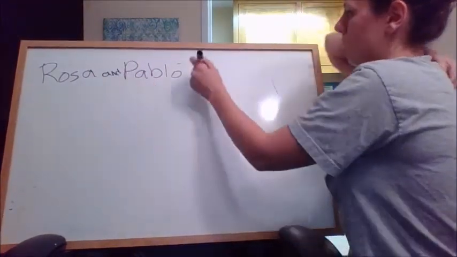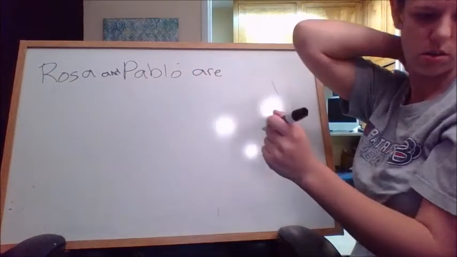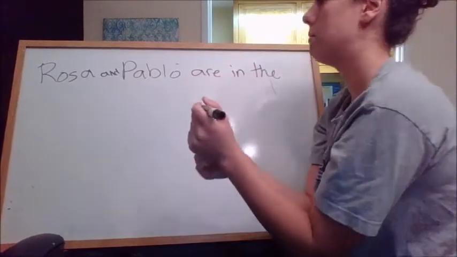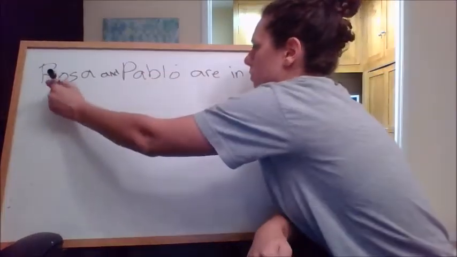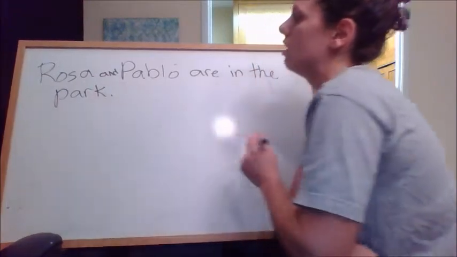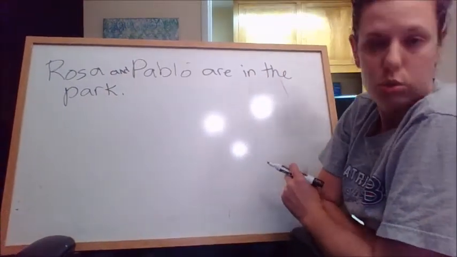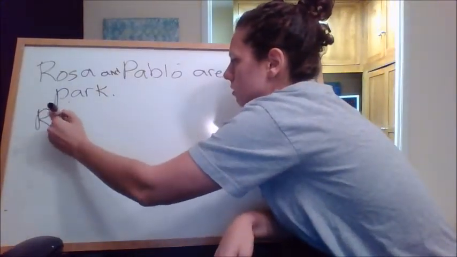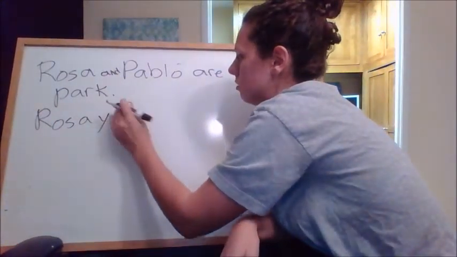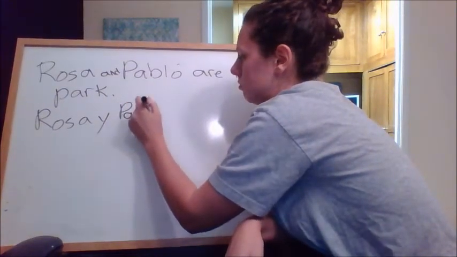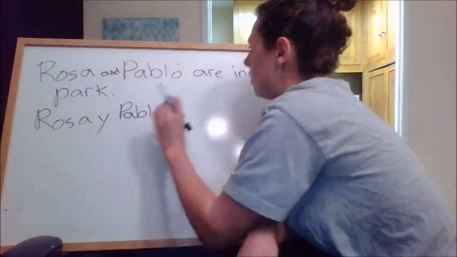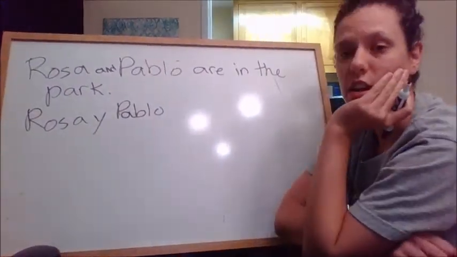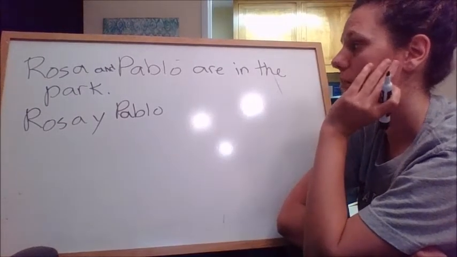Rosa and Pablo are in the park, or at the park. Okay. So we want to say Rosa y Pablo. So we say Rosa y Pablo are in the park. On the last test, we did is and are and that kind of thing.